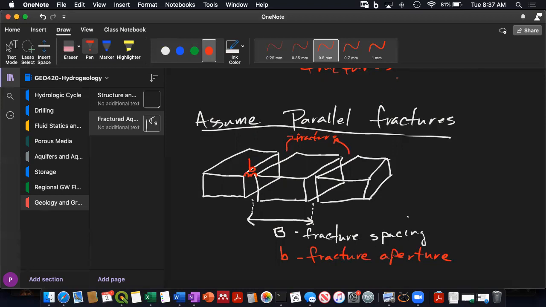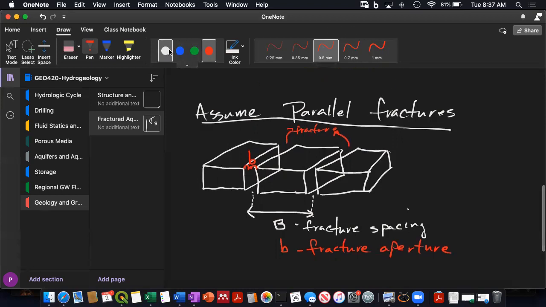And let's say that they have a height. My matrix blocks have a height here of H. And they've got a length in and out of the board here.